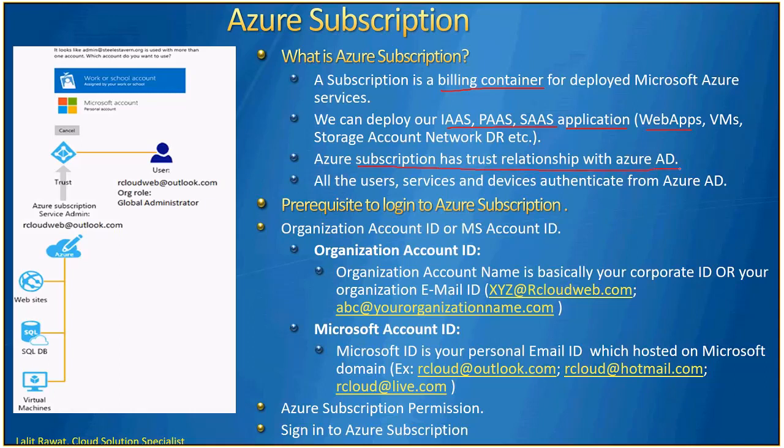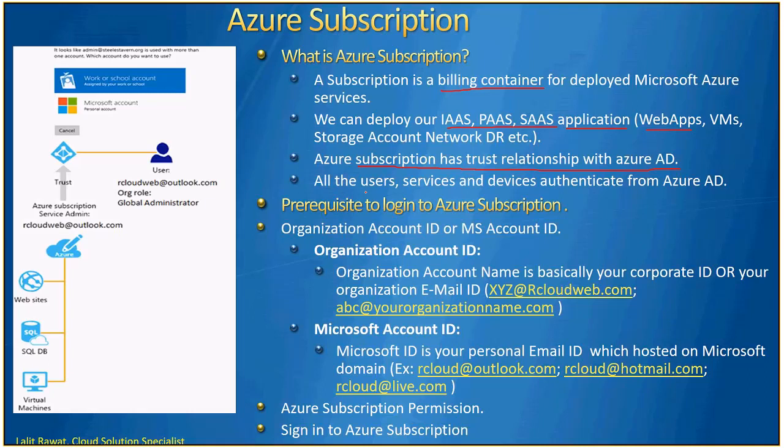All the subscriptions have a trust relationship with your Azure directory. Then only they will know how you authenticate your users to the subscription and make sure your users get the right permissions.